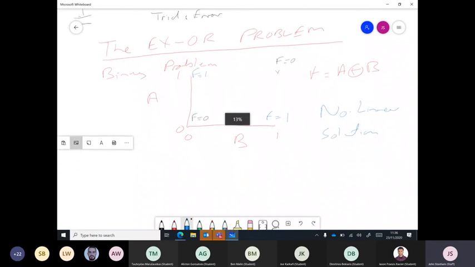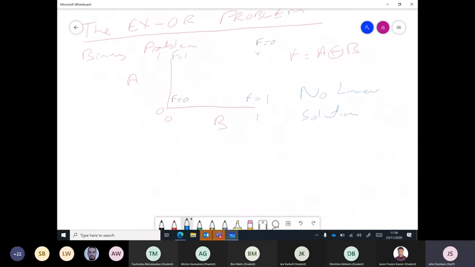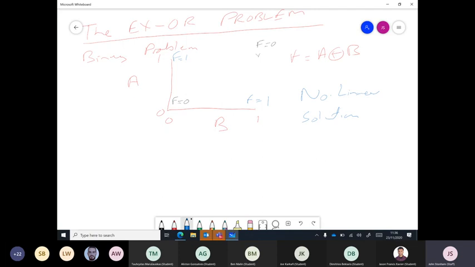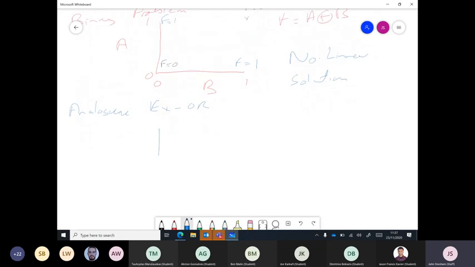That might be a specific binary XOR problem, but analog XOR does exist, at least it does in pattern recognition. An analog XOR might be a pattern distribution like this. Dimension 1, dimension 2. And supposing I have a cluster over here and a cluster down there.